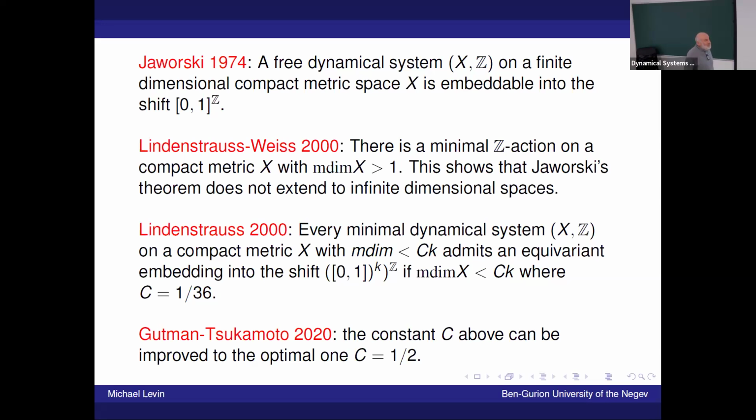He proved in his PhD thesis that if one has a free Z action on a finite dimensional compact metric space X, then it is embeddable into the shift on the [0,1] interval.